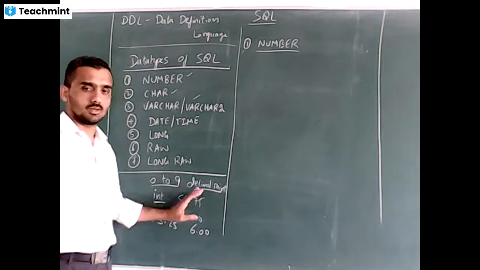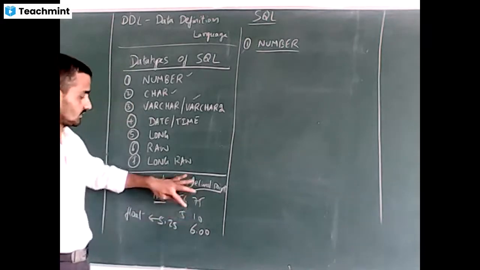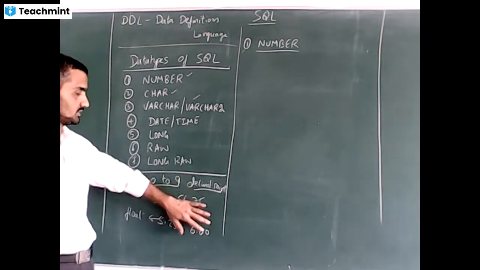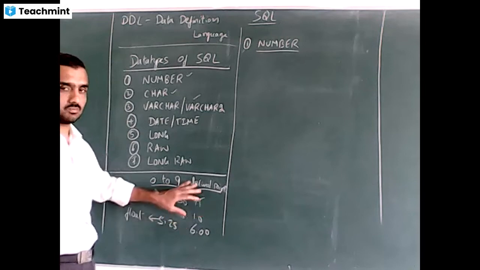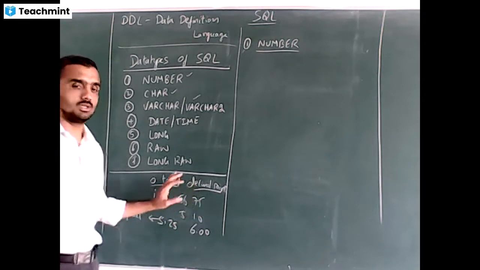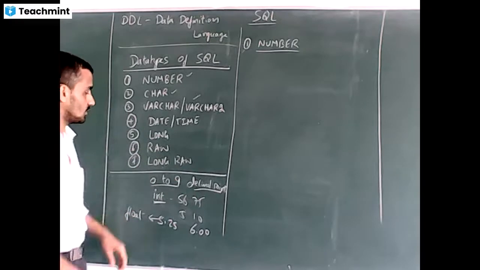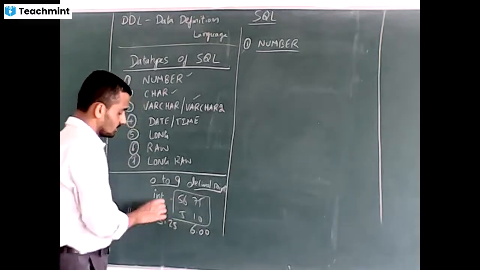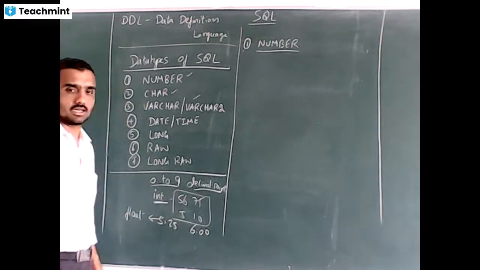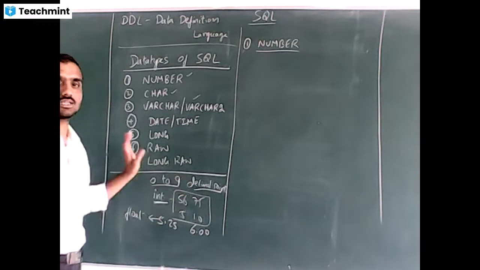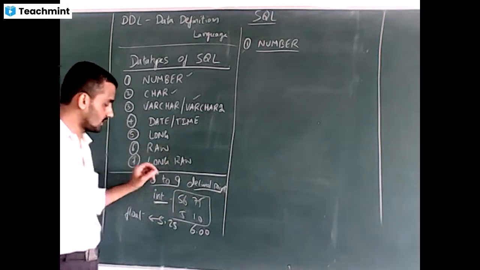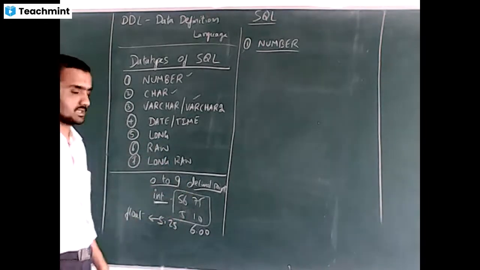Both types are numbers only. 5, 10 and 5.25, 6.00 both come in the category of number, but the data type is different. For whole numbers, we use int, an integer value without a decimal point or fractional part.